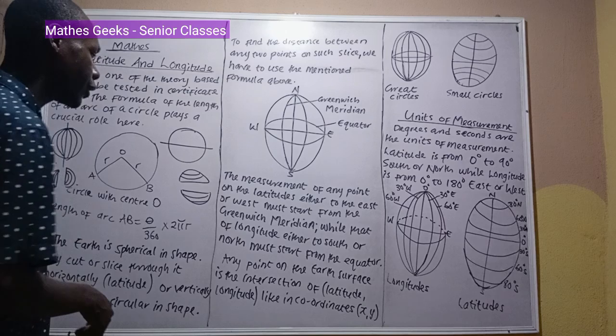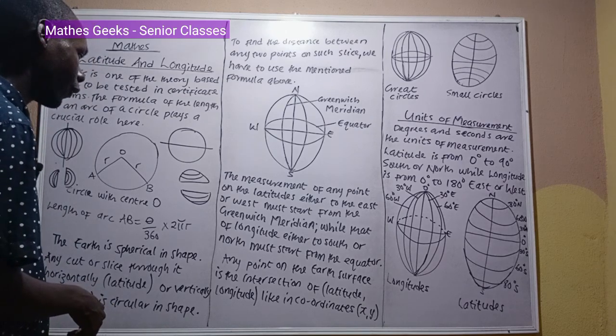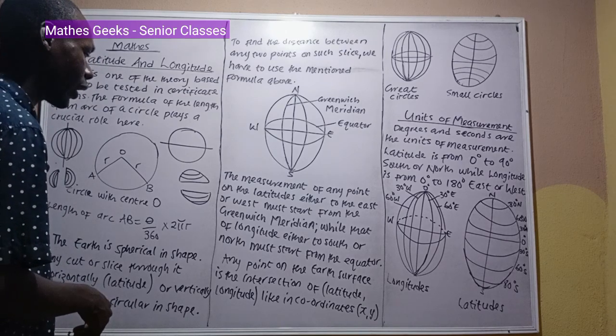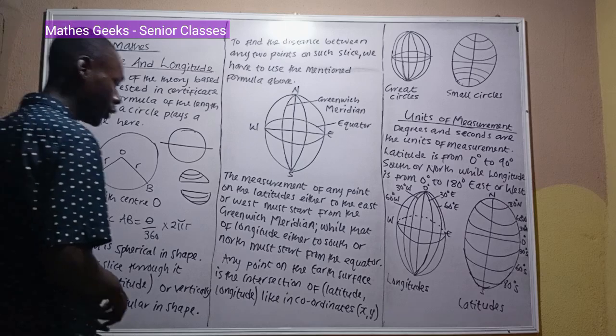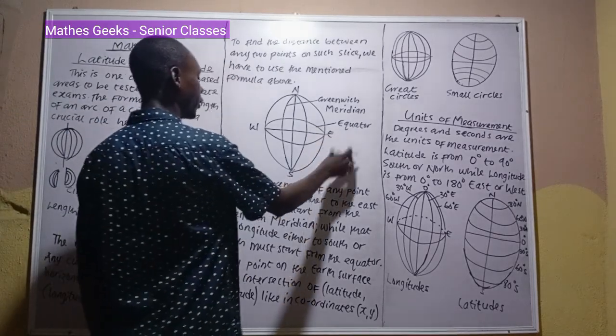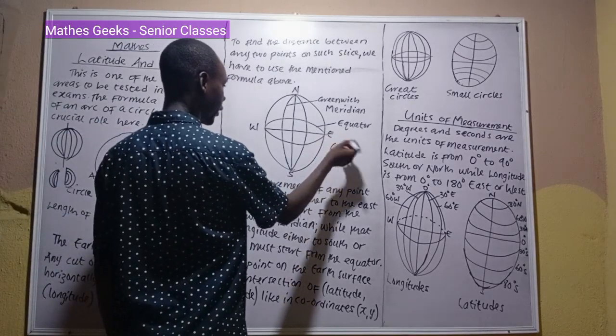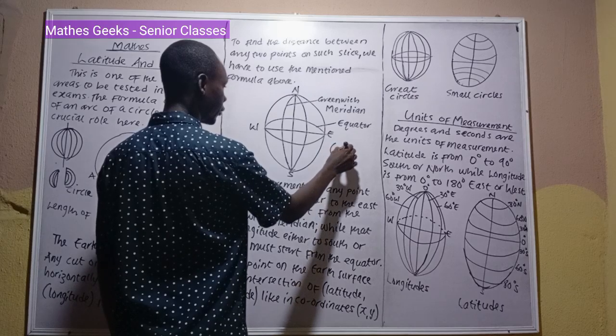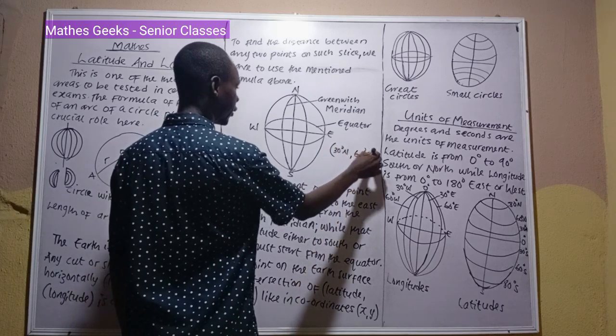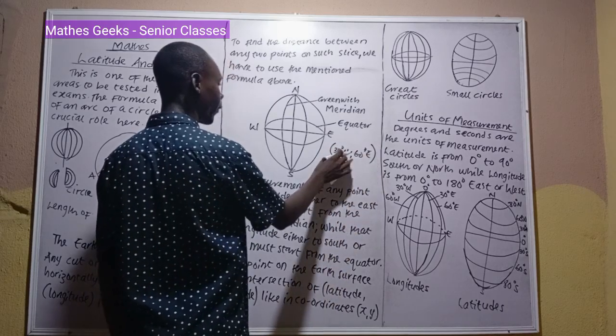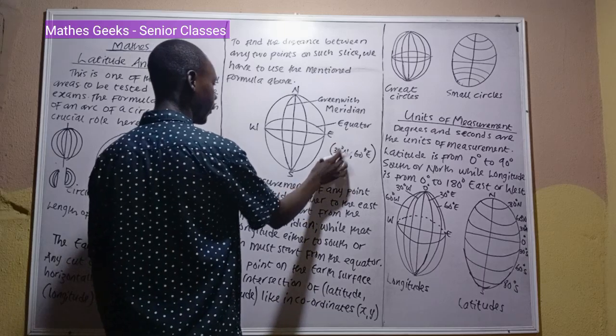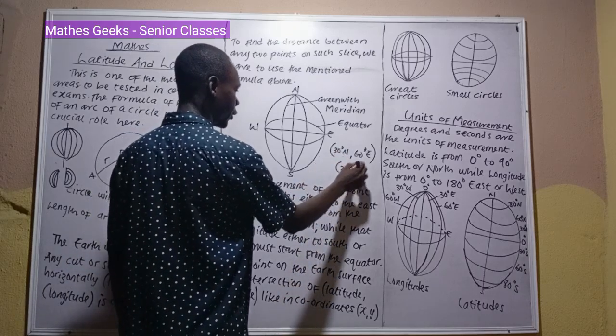Any point on the Earth's surface is the intersection of latitude and longitude, like in coordinates xy. So let's say you have 30 degrees north and 60 degrees east. This first part in our coordinate is just as in our xy coordinates.